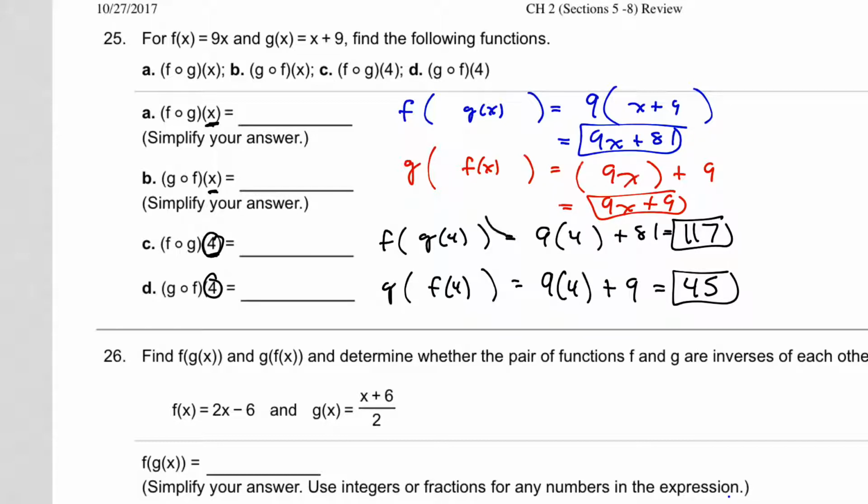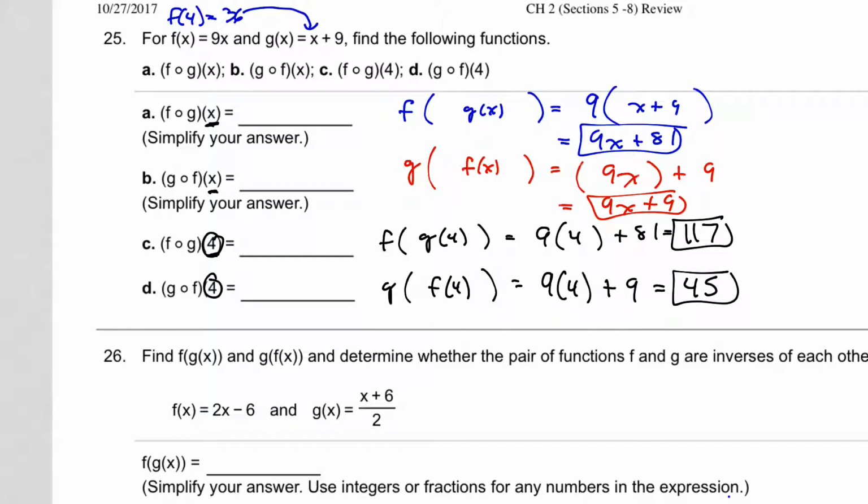Now, if we didn't have those equations, we would go ahead and just put them in separately. So, for example, we put the 4 in here, and we get 36. And then we take the 36 and plug it into the 9 separately.